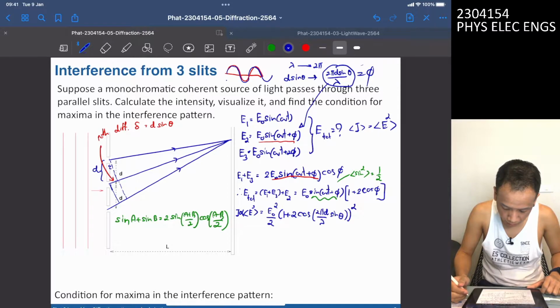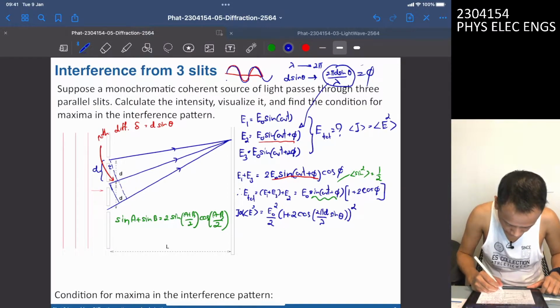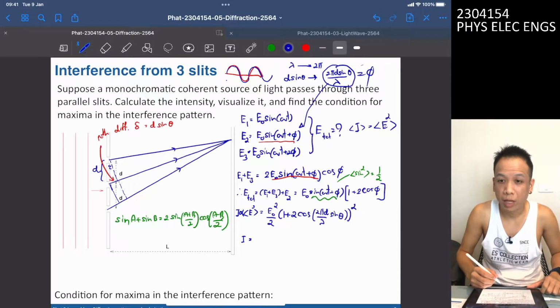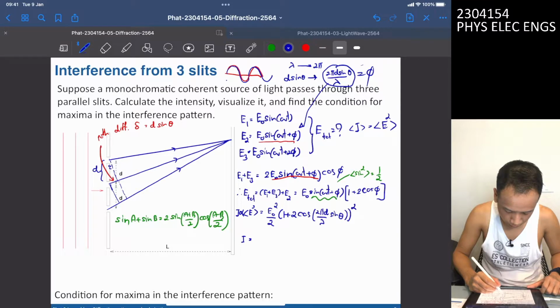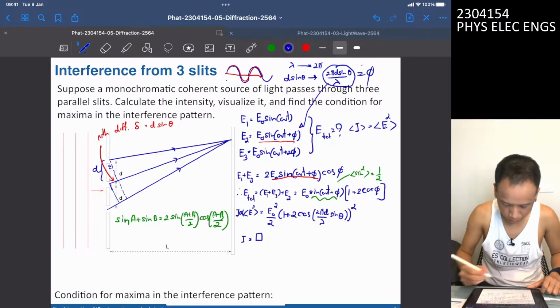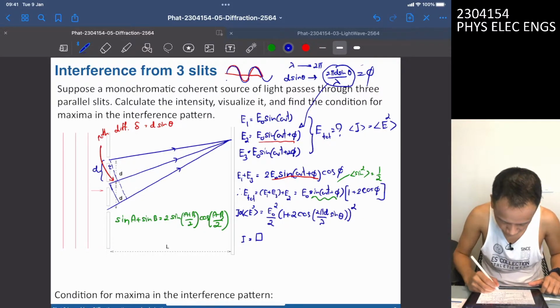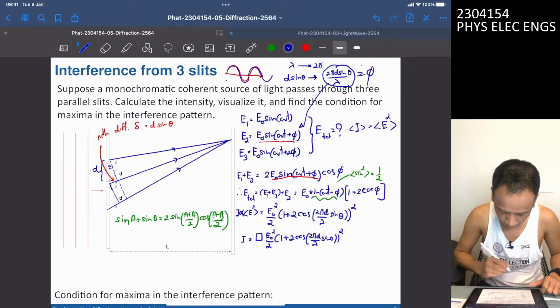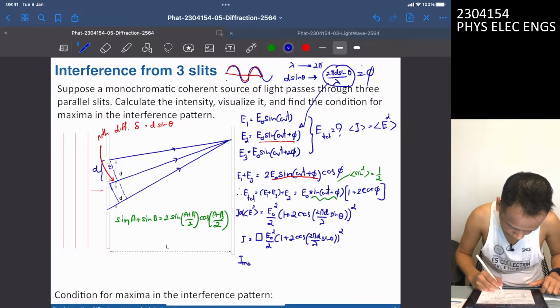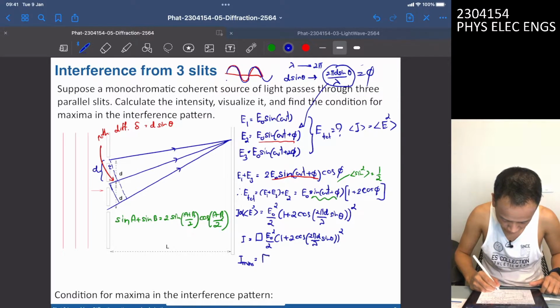So what you can see is that if I say I, it's equal. When you say proportional, you can multiply by a factor, right? So I is E0 square divided by 2, 1 plus 2 cosine 2 pi d over lambda sine theta, square. And then when you get I max, it's the same, E0 square over 2.